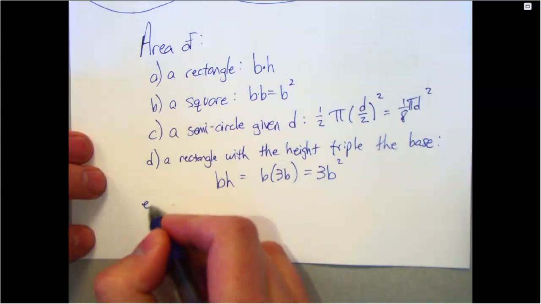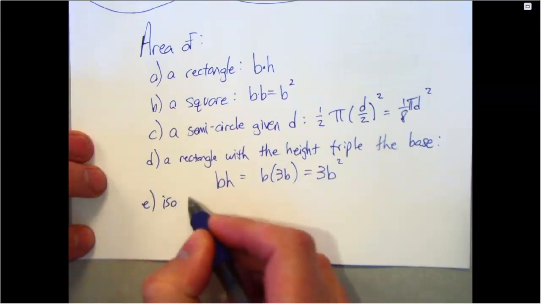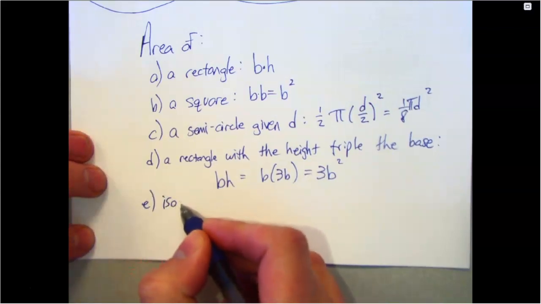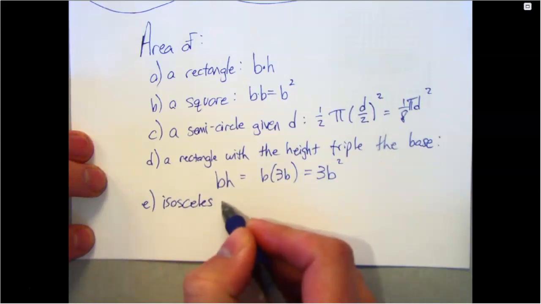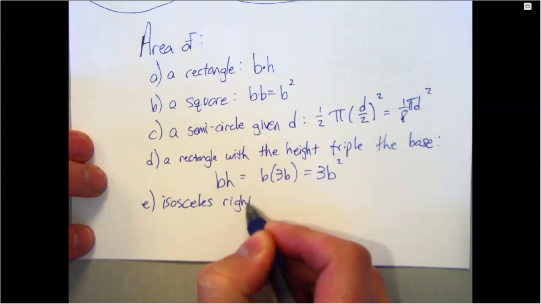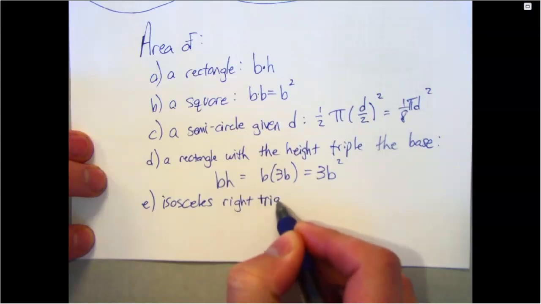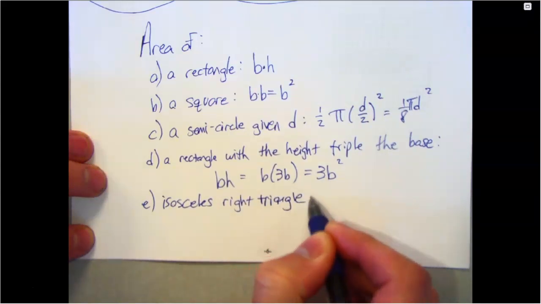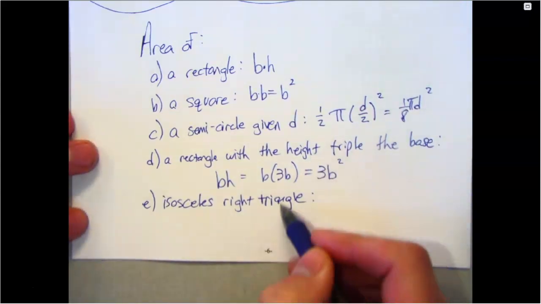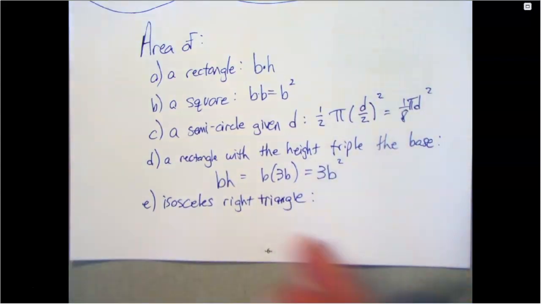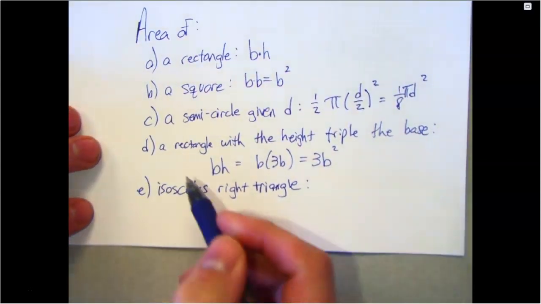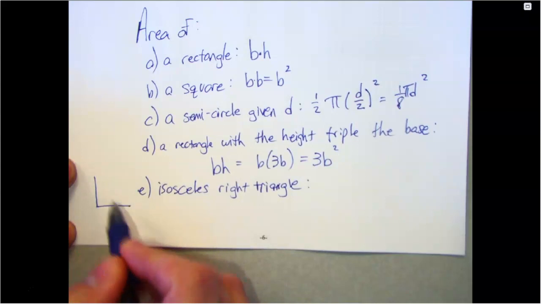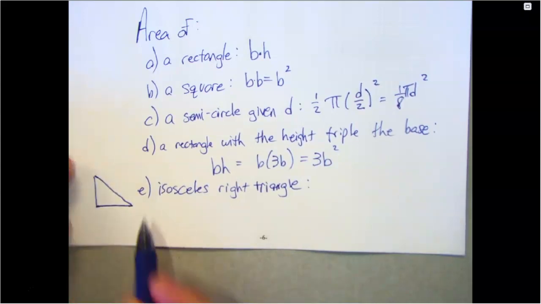Oh, no, sorry, one more. Isosceles right triangle. It'll look like that.